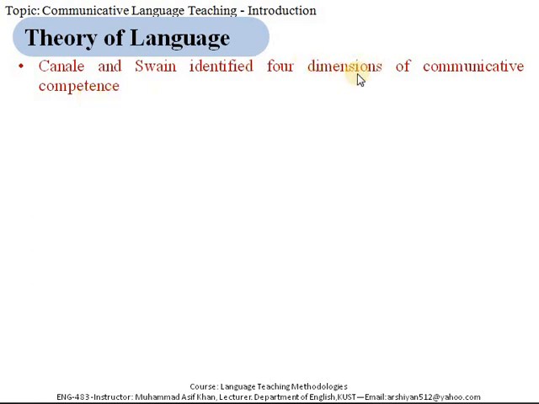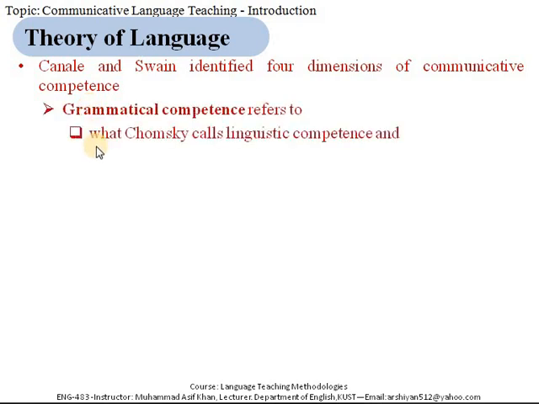Now let's further explore the dimensions of language, and here they are describing the dimensions of communicative competence. They have identified 4 dimensions. The first one is grammatical competence, the second is sociolinguistic competence, the third is discourse competence, and the fourth is strategic competence.